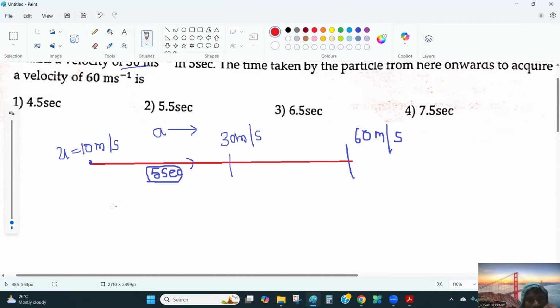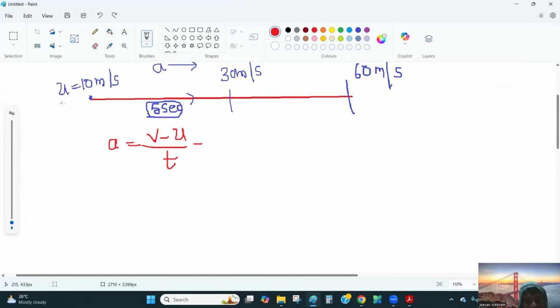Acceleration a is equal to v minus u by t, right? V is 30, the final velocity. This is v, and this is u. Except the initial velocity at t equals 0, all the velocities must be considered final velocity as per the necessity.